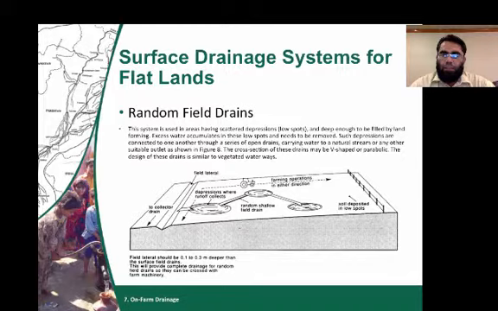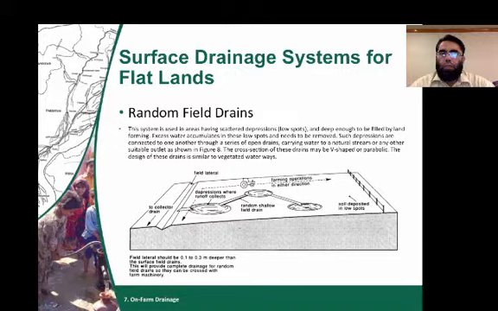Then there is another method known as the random field drain system. This system is used in areas where you have scattered depressions and you do not need a complete drainage of the whole area.